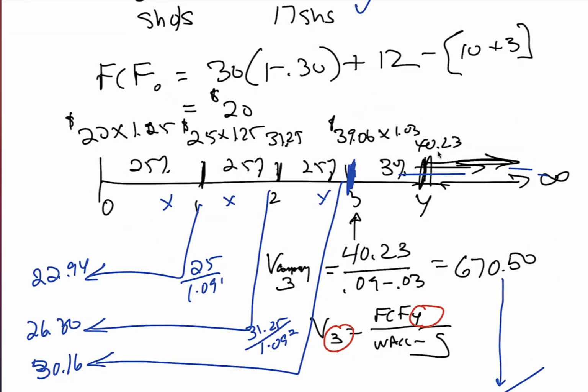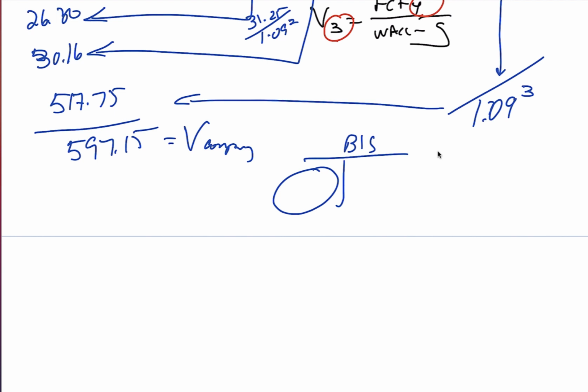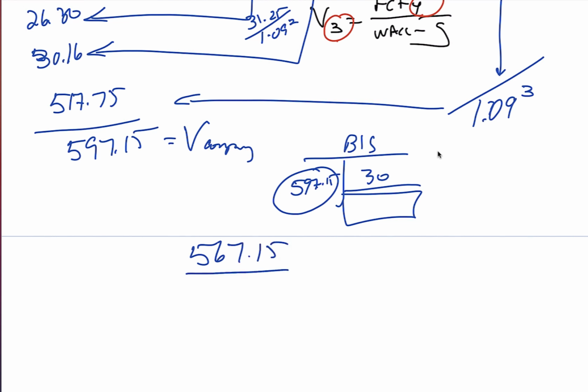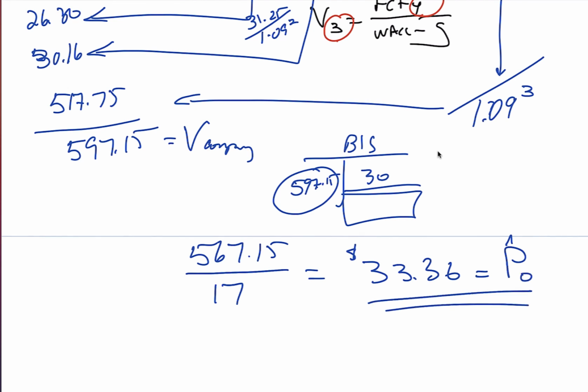So this is 597.15, this is 30, so this has to be 567.15 divided by 17 shares. And we'll get a price of $33.36 for an estimate of the stock price today, time 0, using two-stage cash flow.